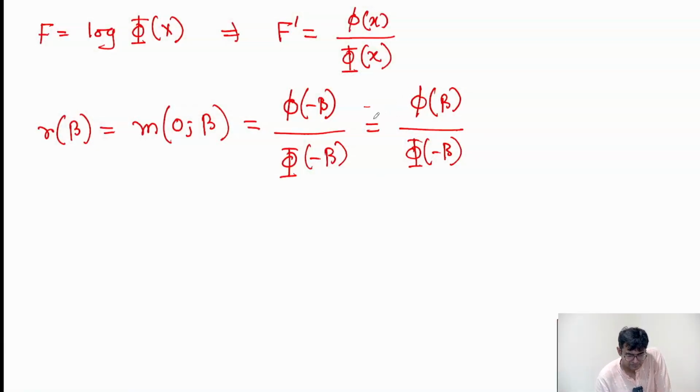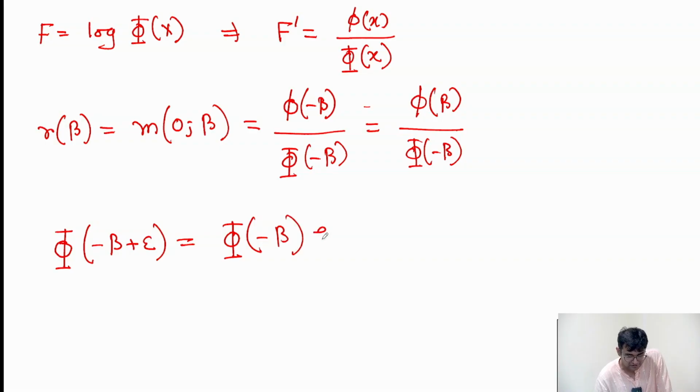And then we actually proved that capital phi of minus beta plus epsilon is equal to capital phi of minus beta multiplied by exponential of R beta multiplied by epsilon.